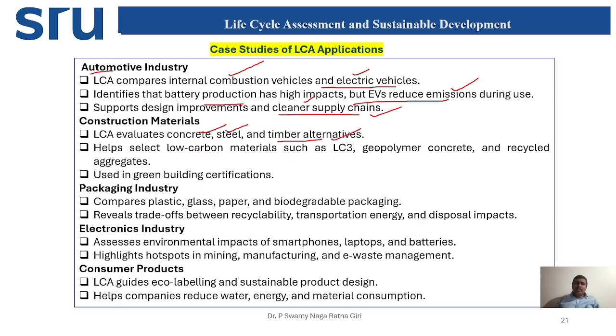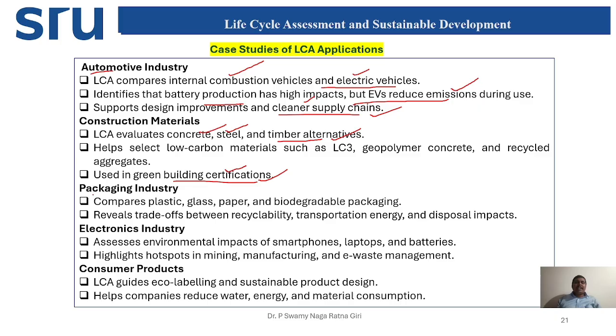These case studies help us lower carbon emissions by integrating LC3, geopolymer concrete and recycled aggregate. There are several types of concretes which are useful for lowering carbon emissions. This leads to green building certification, which helps us to get a GRIHA rating, LEED. All of this comes under LCA rating only.